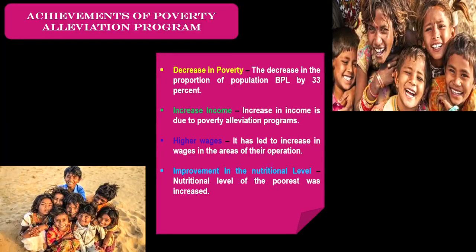Now, we will learn about the achievements of this poverty alleviation program. The first achievement was that the poverty alleviation program was able to decrease poverty up to a certain level. Second, increase in income: the program helps to increase the income of the people. Next is higher wages.